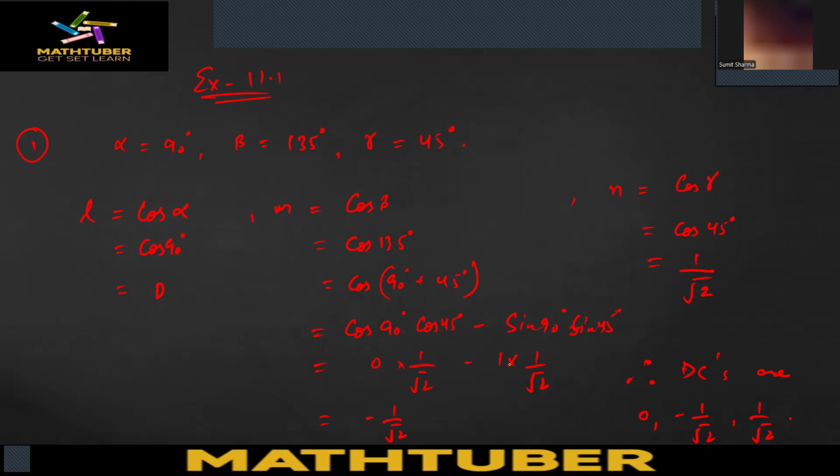That's the simple one. Now the second question is, find the direction cosines of a line which makes equal angles with the coordinate axes. So alpha, beta, and gamma are equal here, and we have to find the values of the direction cosines.